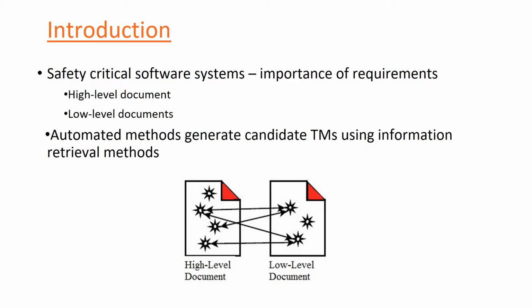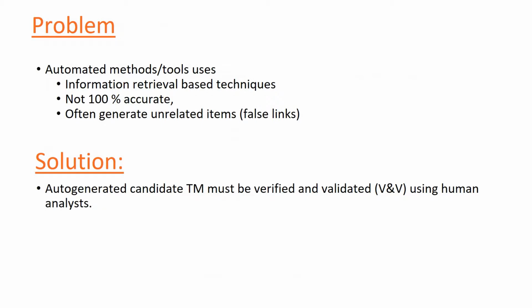Some might say our job is done here, but in reality the automated tools are based on the vector space model or deep learning techniques, and they are not 100% accurate. Often they generate unrelated items, which are false links. So how do we fix that problem?